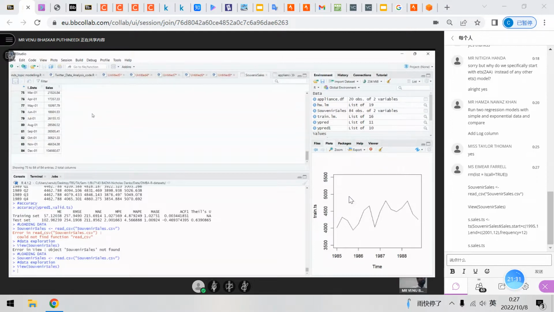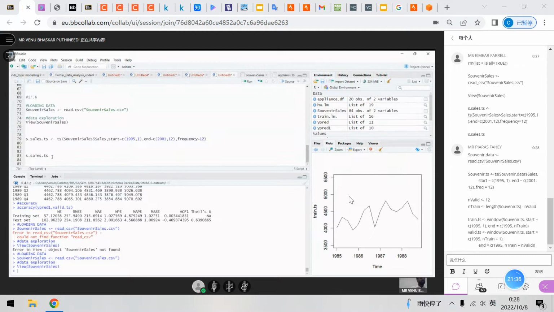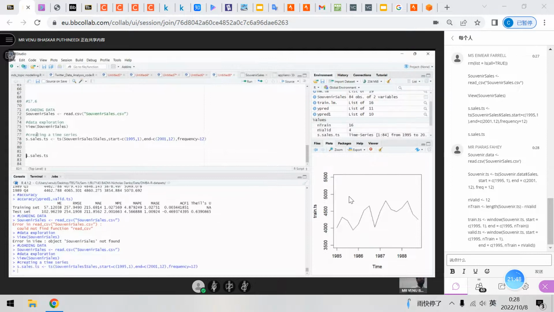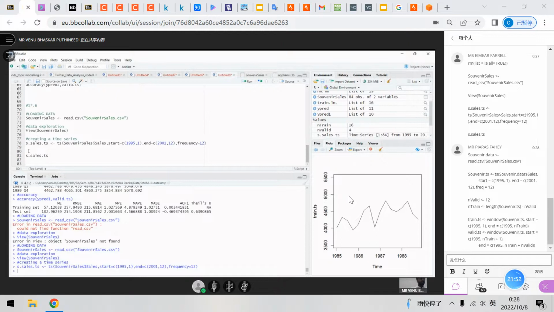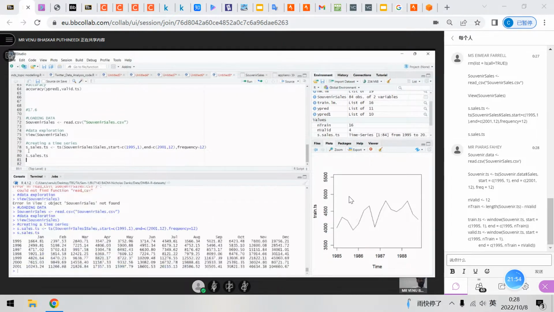And we have monthly data. Then we have creating a time series, and we did a time series. That's great, and we are looking at the data once we have it. That's great. And what next?